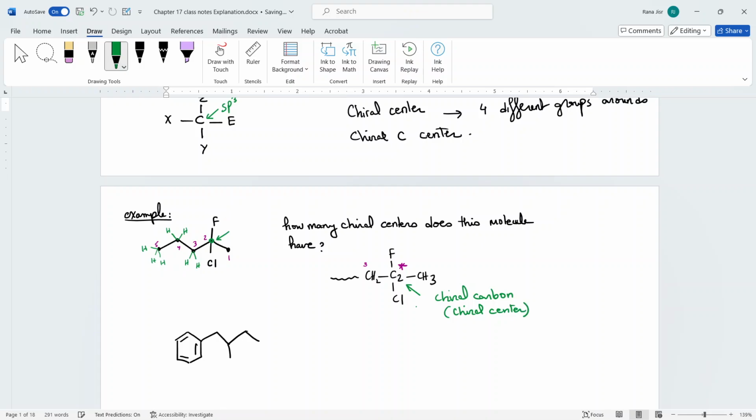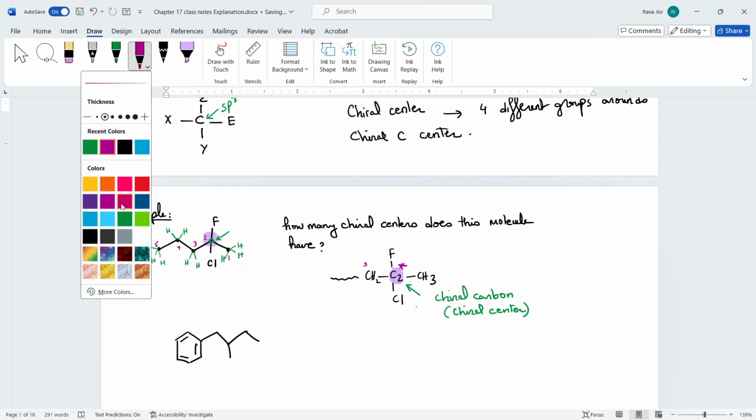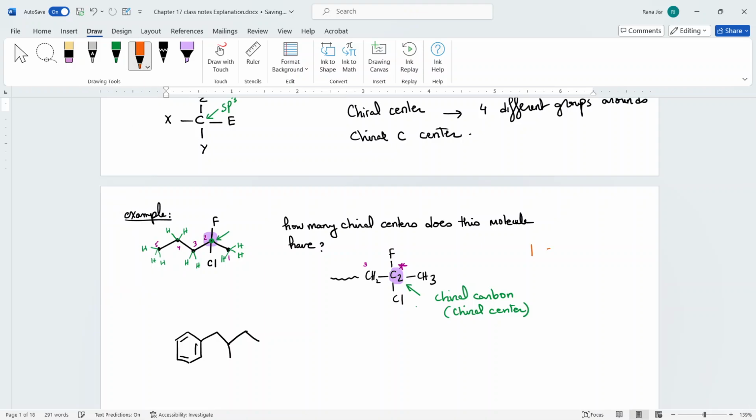The CH3 here does have 3 hydrogens, so it is not a chiral center. So this one is the only chiral center that I have here. So my answer is going to be 1 chiral center.